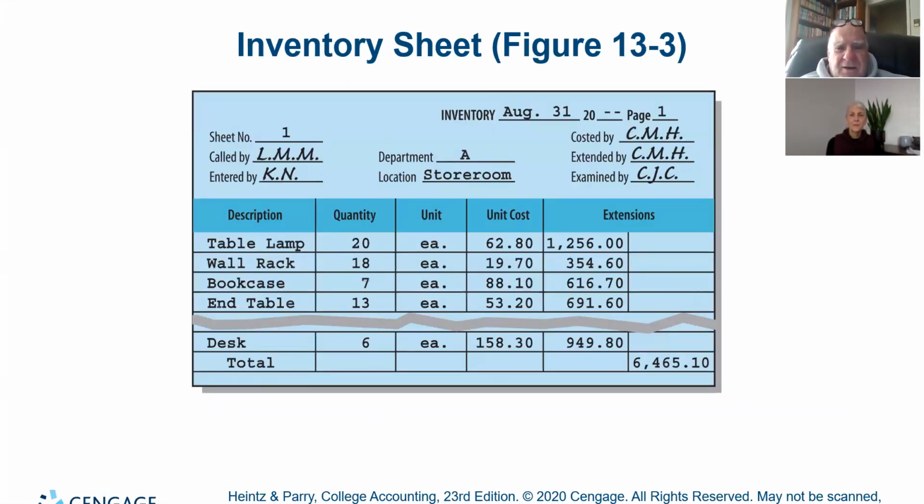And this is kind of old fashioned, Laura. You're taking an inventory, right? We're counting an inventory, and somebody might be walking around with a sheet like this, and they come up to a table lamp and they write, oh, I count 20. I count 18. This is just one simple way. You would never see the cost of an item or the extension of the dollars on an inventory sheet.